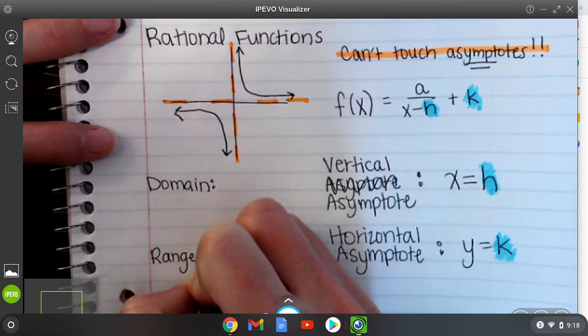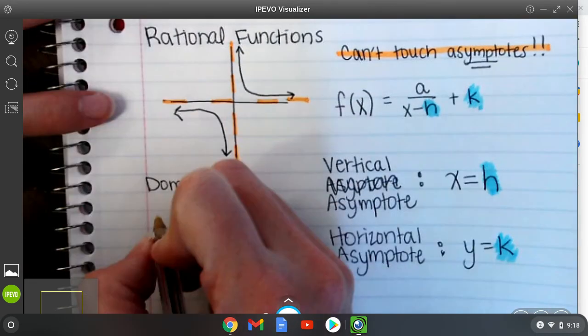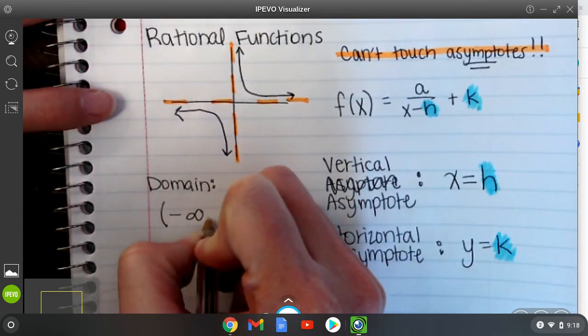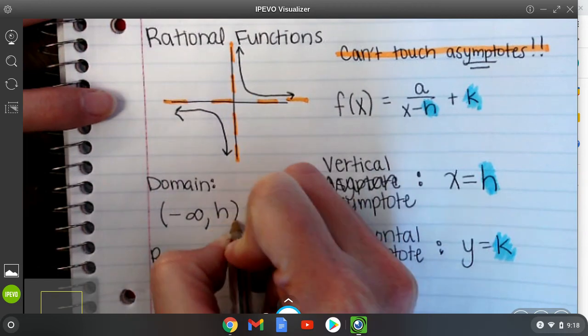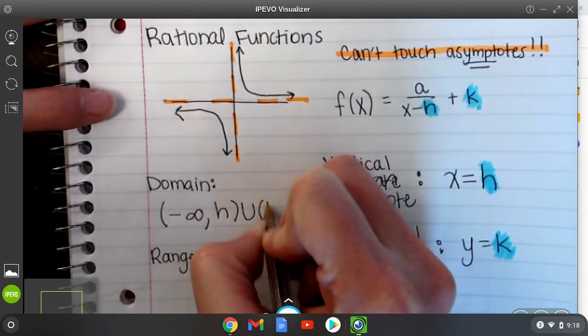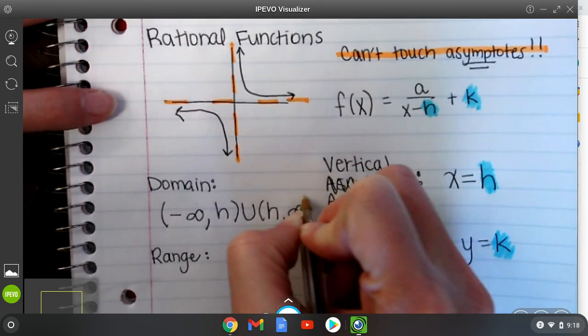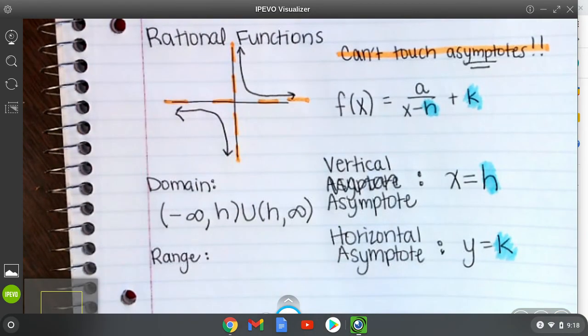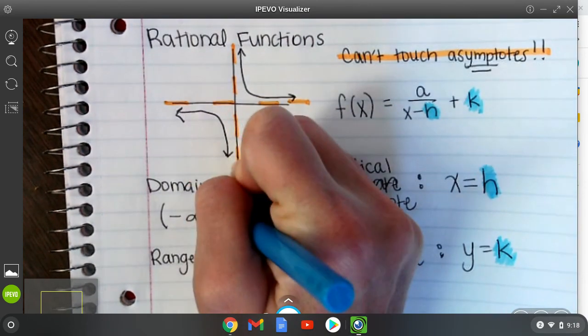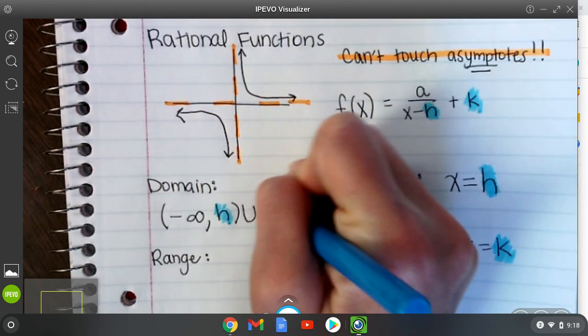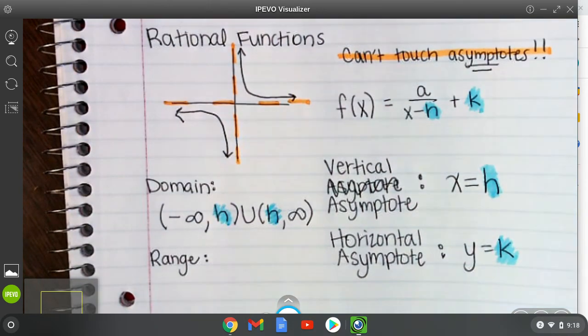All right, so then the domain and the range. For domain, you're going to have negative infinity to your h value, union h value to positive infinity. And I know it's like, what? But remember that we can't cross those asymptotes, those numbers that make our function undefined. So h makes our function undefined.